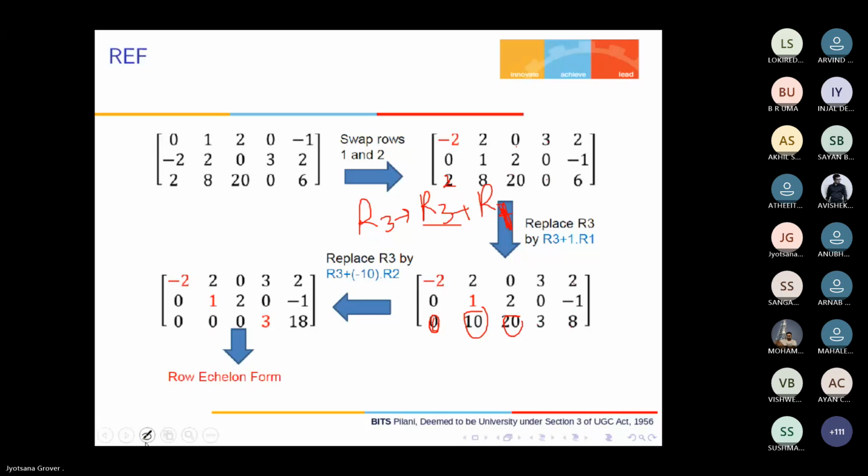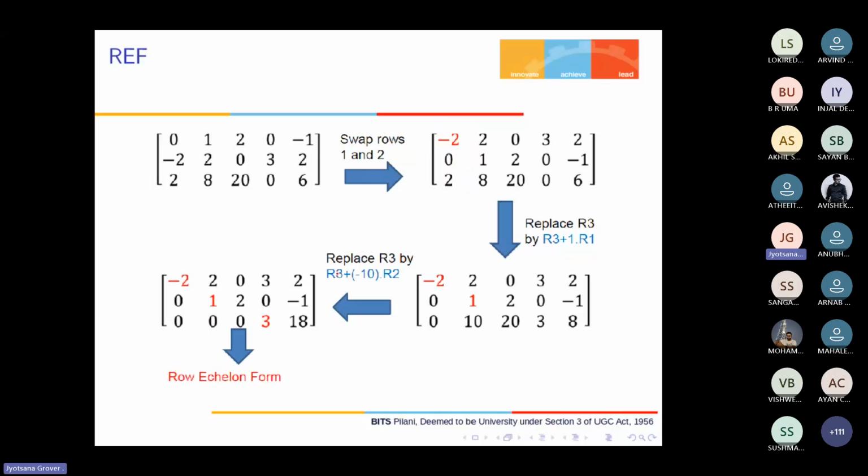So this is the leading entry of row 1. Your objective is to make these two entries 0, because entries below the leading entry should be 0. Had it been some non-zero, then here also you would have to apply the row elementary operation. But here you need not apply it because this is already taken care of. It is already 0. Now how will you turn this to be 0?